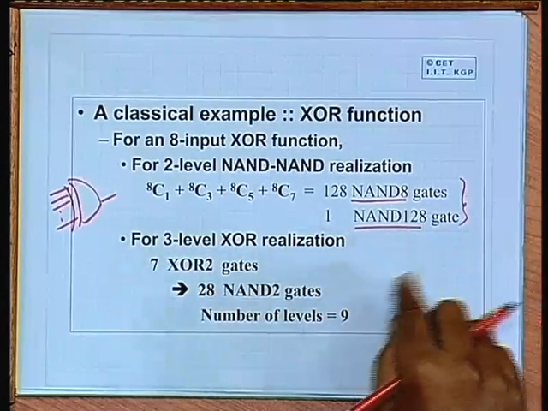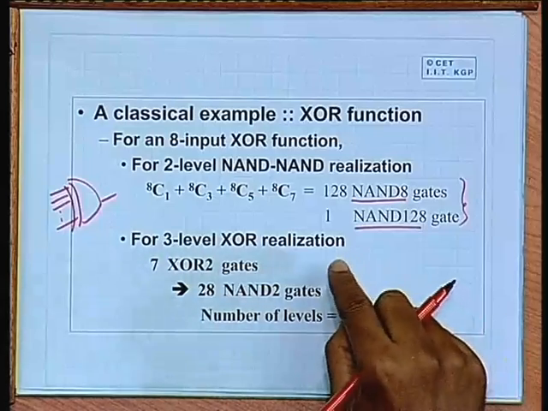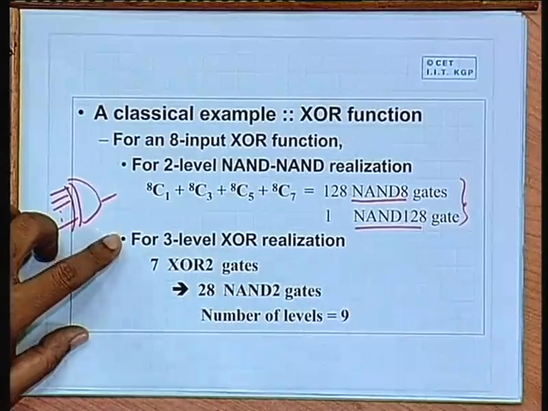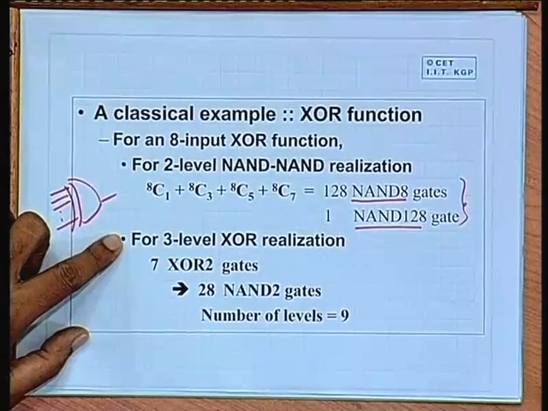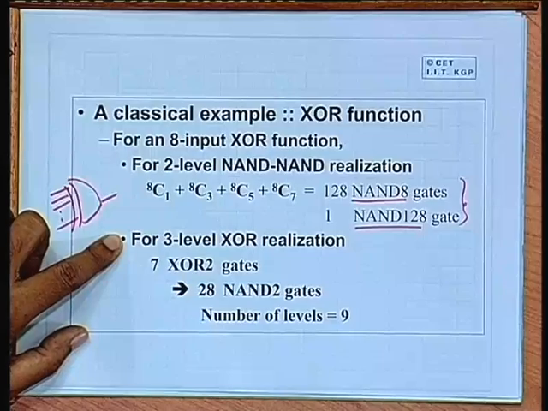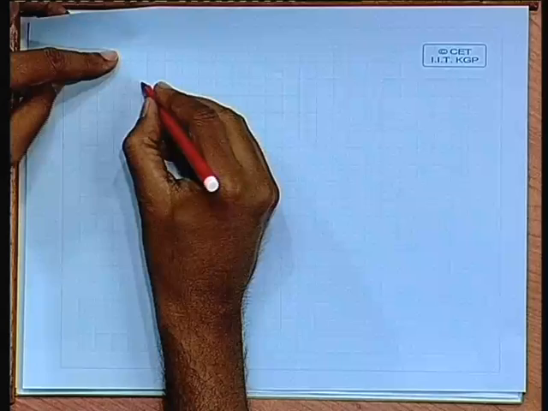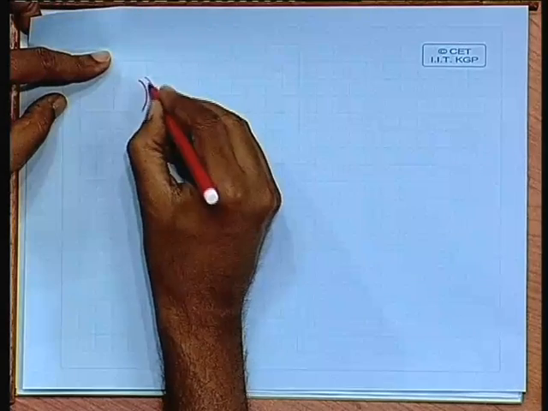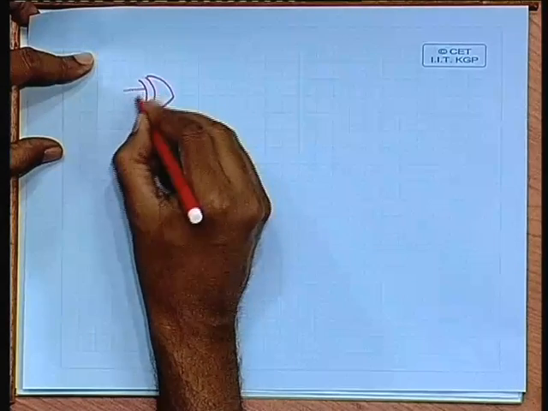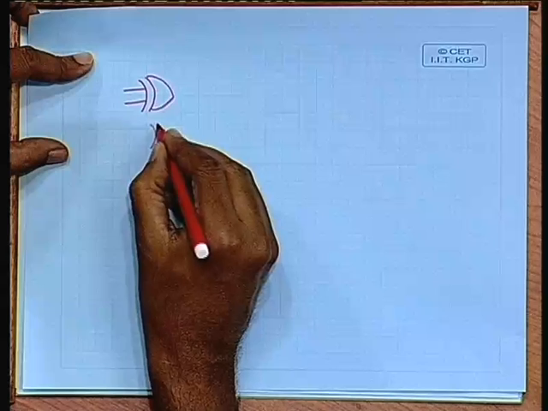Now, let us try to think of the other way around. How do we do it? Can we break this up into multiple levels and do it? This 8 input XOR we can also implement by using smaller 2 input XOR gates.